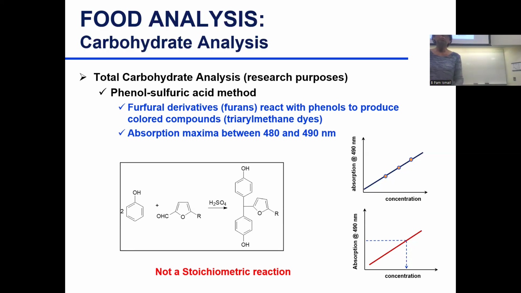If we don't know, you just go with glucose and accept that there will be errors. And usually it's a research method, so it's comparative. You use it as a comparison between different samples, so they're all treated the same way and analyzed the same way. Okay.